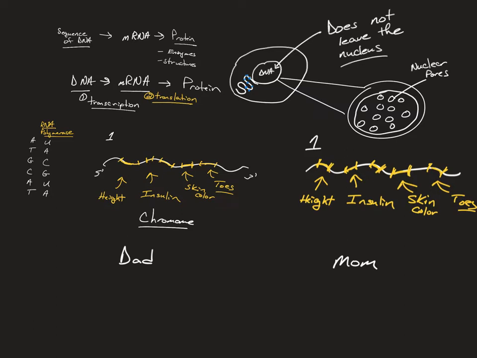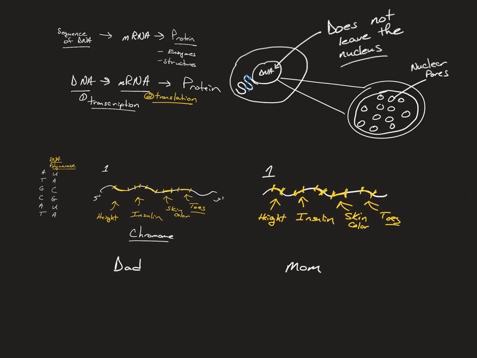Now, what's the difference between mom's and dad's? I say this is mom's number 1, this is dad's number 1. What's the big deal? Dad could have A, T, G, C. Mom could have A, G, T, C. Dot, dot, dot, as it continues, because genes are very long.